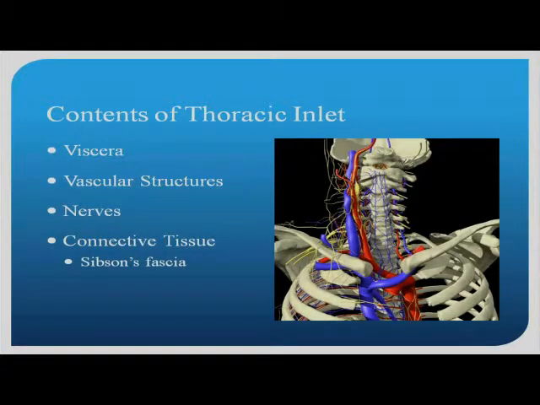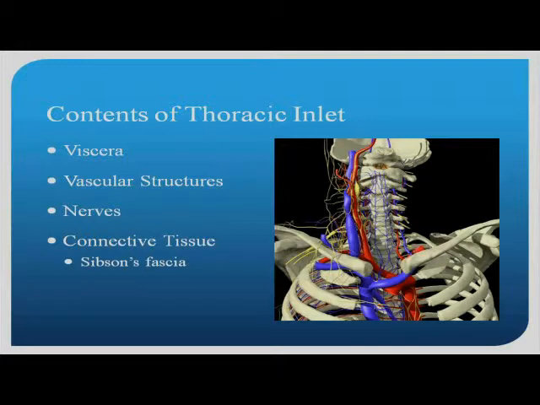The contents of the thoracic inlet are important, vital structures that are traveling to and from the entire body. The gastrointestinal viscera coming from the mouth, passing down through to the gastrointestinal system, pass through there. Major vascular structures to and from the neck, and then down into the thorax. A large portion of the nervous system through the sympathetic chain, and some of the parasympathetics coming from the cranium, and the phrenic nerve, and the trachea, that's an important one too.